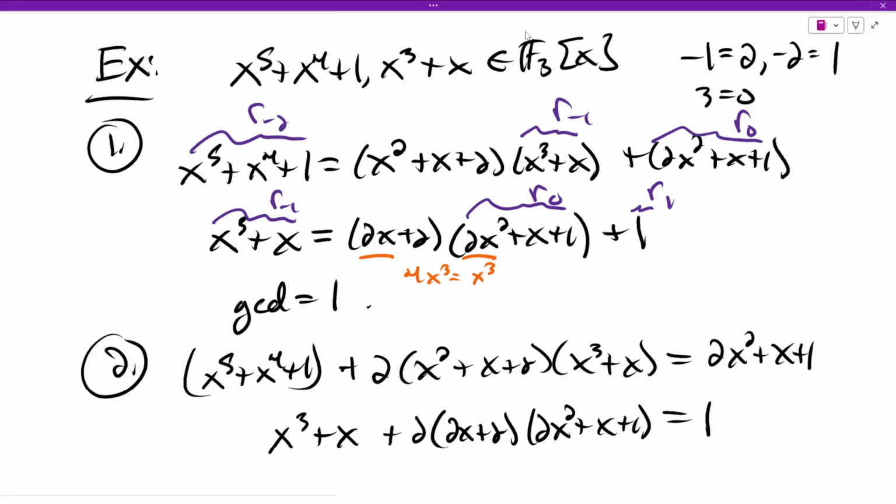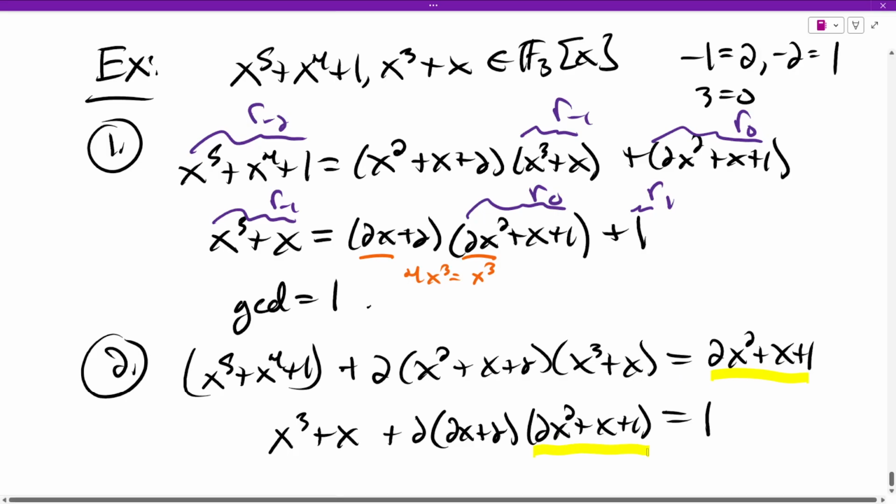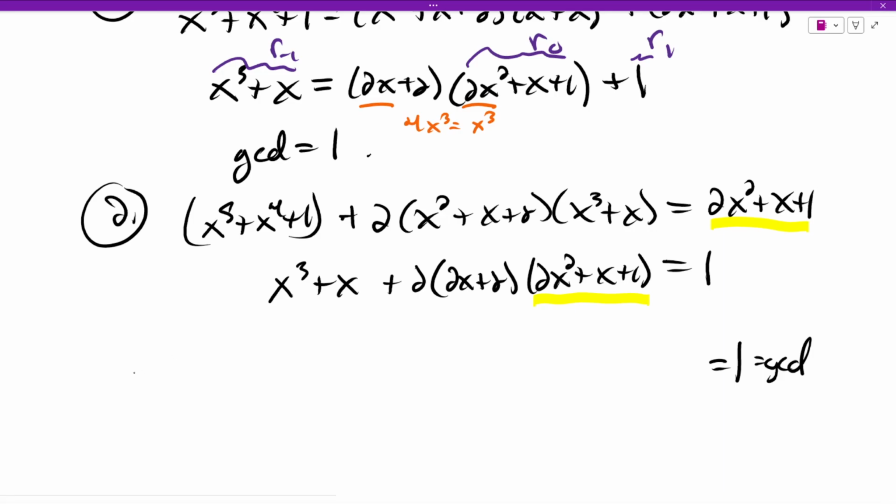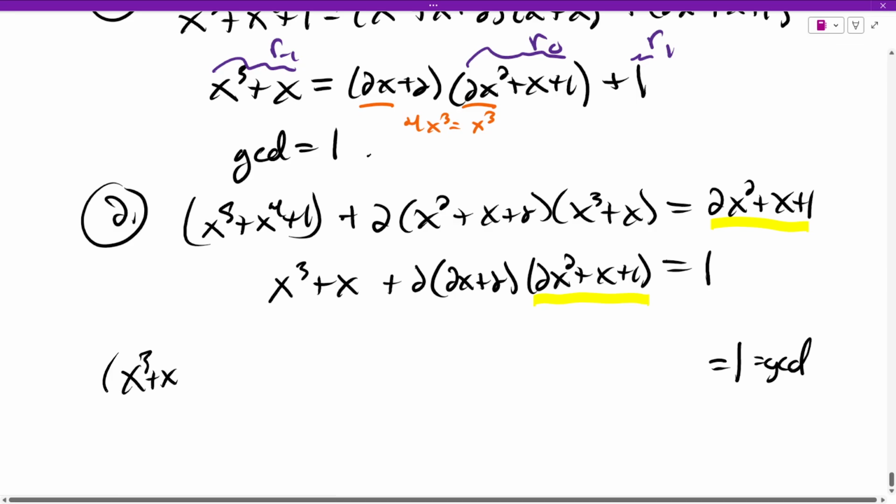And then we're going to take this and plug in what it's equal to into there. So on the one hand, we have 1, which is the GCD, of course. On the other hand, we get x cubed plus x staying.